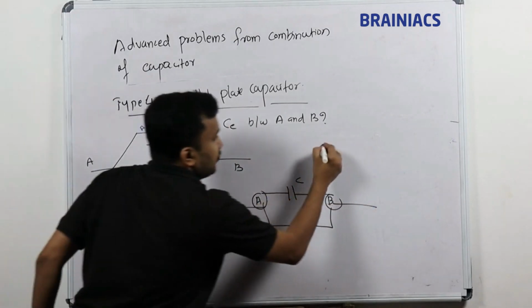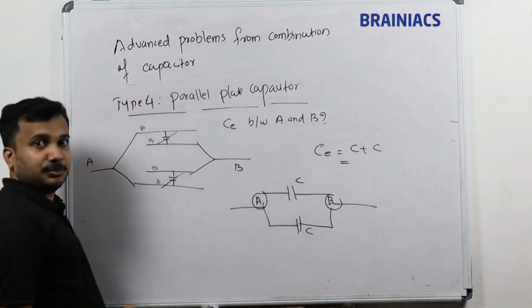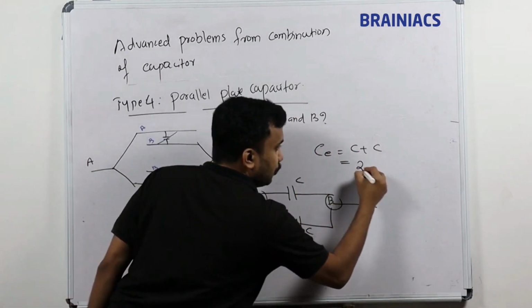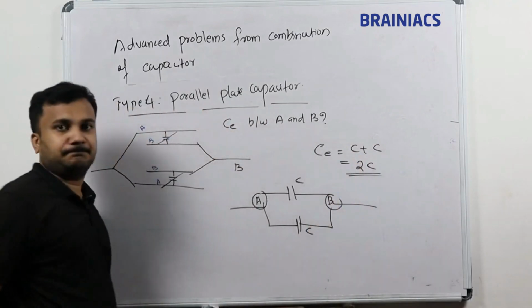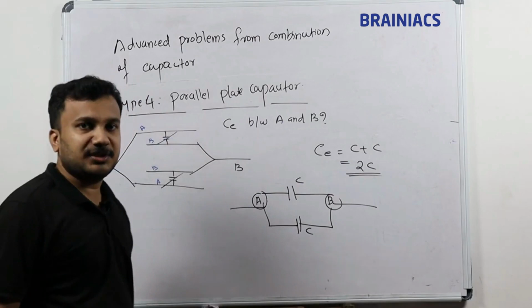Parallel connection. So C equivalent equals C1 plus C2, which means C plus C, so the answer is 2C.